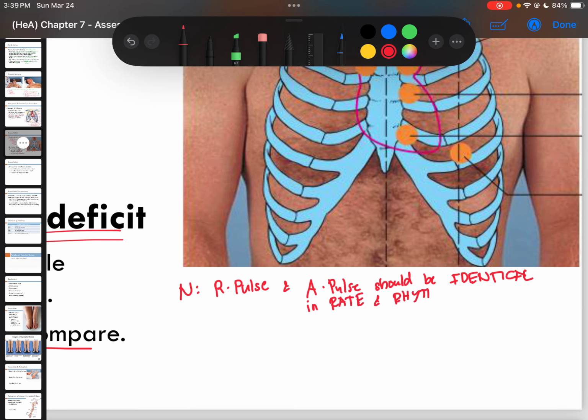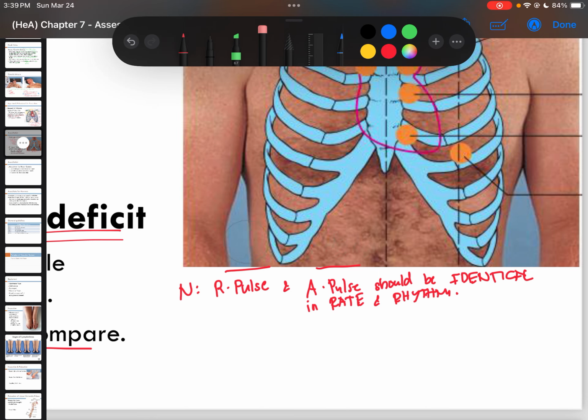Now, sir, what do you mean by identical? For example, class, the apical pulse is 97 beats per minute. If the radial pulse is 95 beats per minute, that is close enough. That is identical.